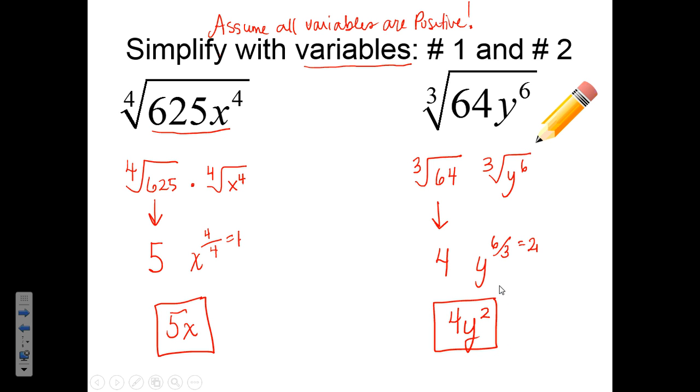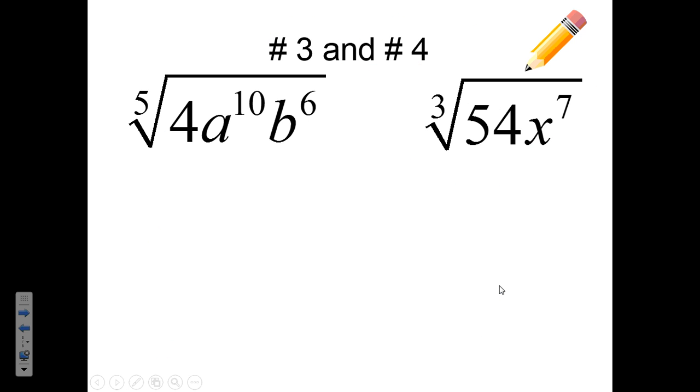All right, let's try a couple more. I'm going to make them a little bit more complicated. But again, we want to assume that all variables are positive. All right, now this has 3 things. So all I do is split it up into 3 parts.